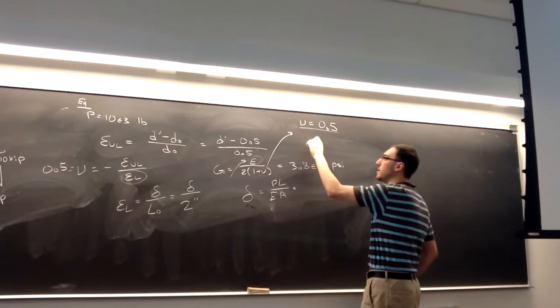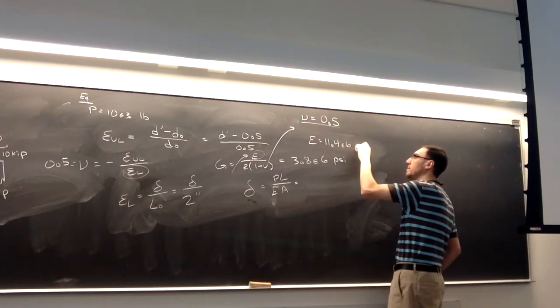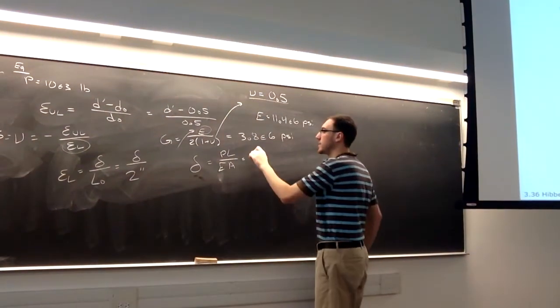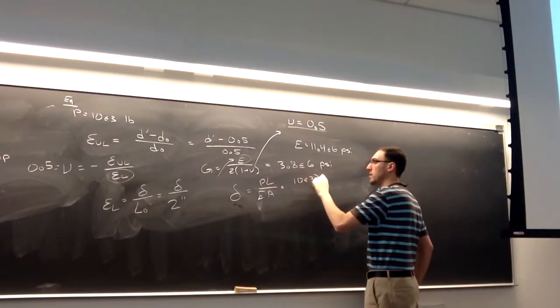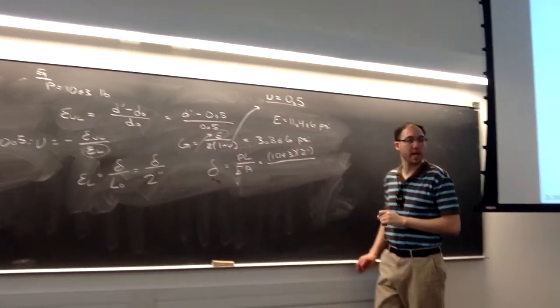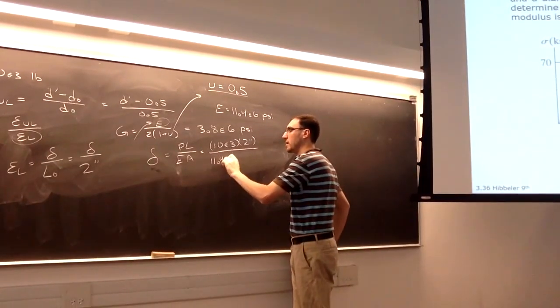We found the E. I erased it, but that was, I believe, 11.4 million psi. So that we'll have to use again. We know the internal load is 10,000 pounds. Original length is 2 inches, 11.4 million psi.